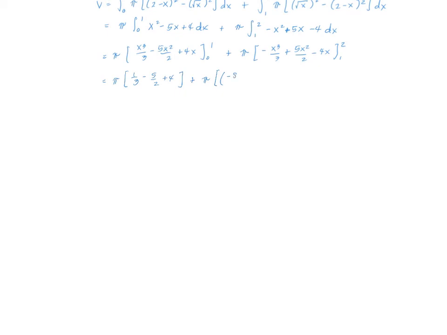Negative 8 over 3 plus 5 times 4 is 20 over 2, 10, minus 8, minus negative 1/3 plus 5/2 minus 4. All right, so after I do all of those computations, what I got was 3 pi. Seems like a lot of work for 3 pi.